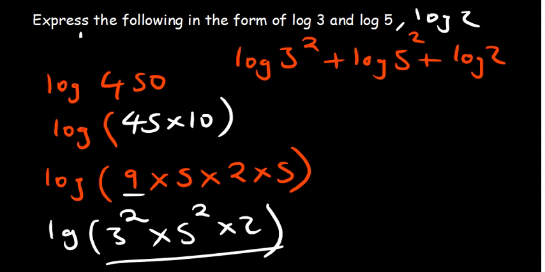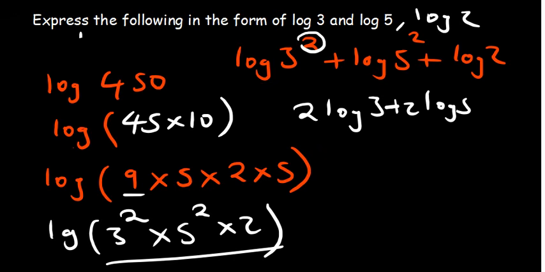So from there, what can we do? We've learned about the power rule under logs here, so the power can go the other side. So that is basically going to be 2 log 3 plus 2 log 5 plus log 2. And that is the simplified form of log 450.